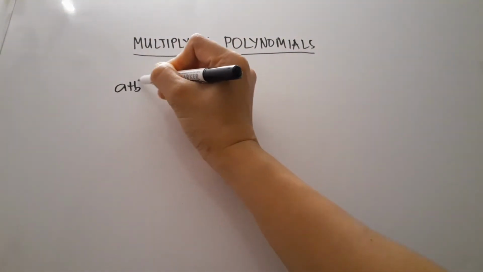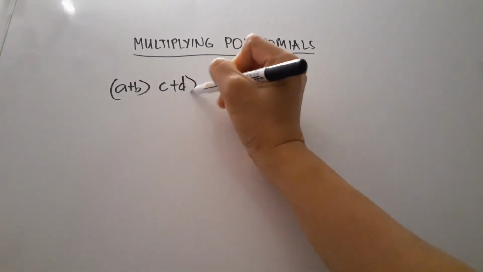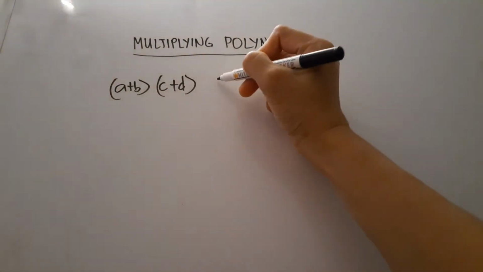Let's have another example. a plus b times c plus d. We can see that multiplying two binomials can be computed mentally by the FOIL method.